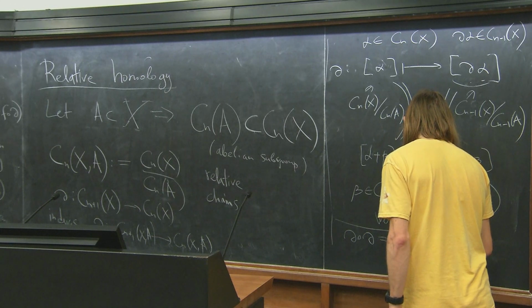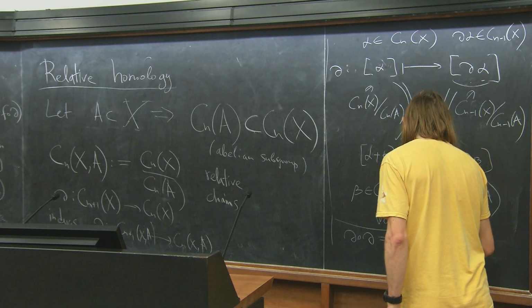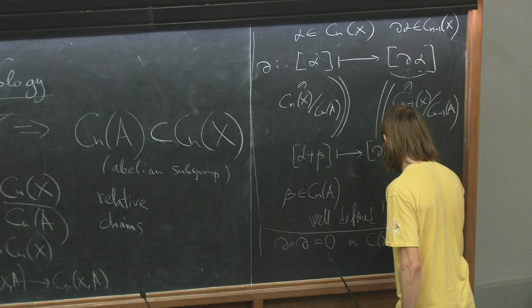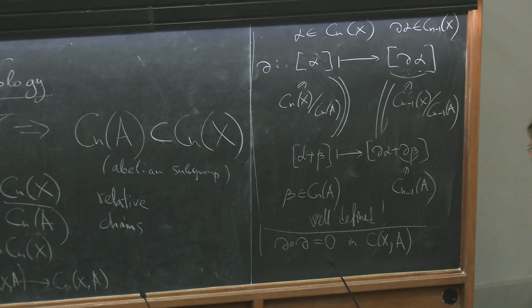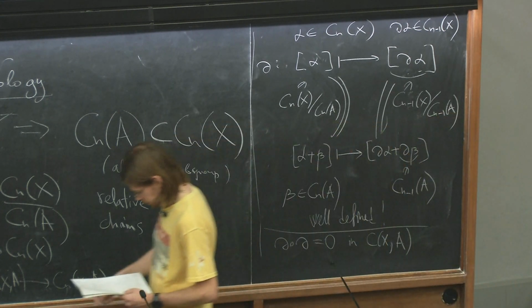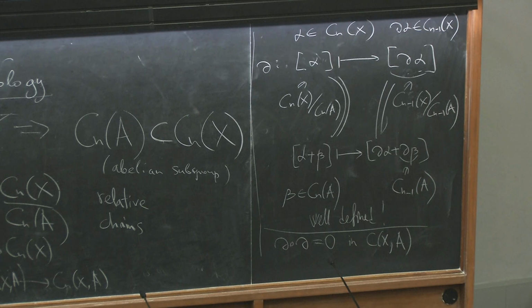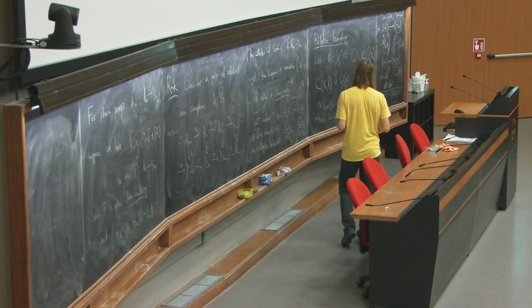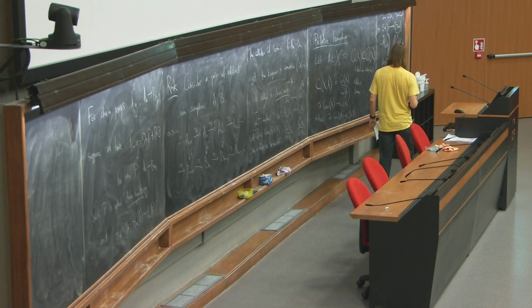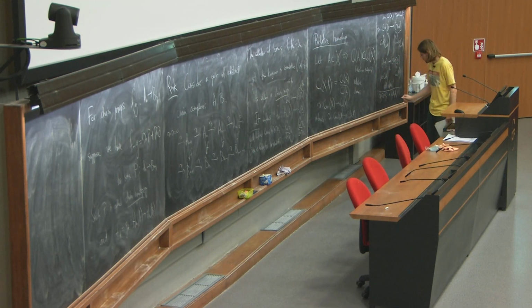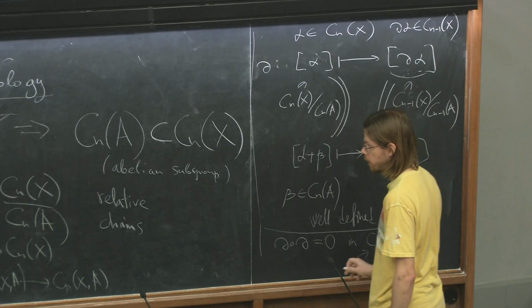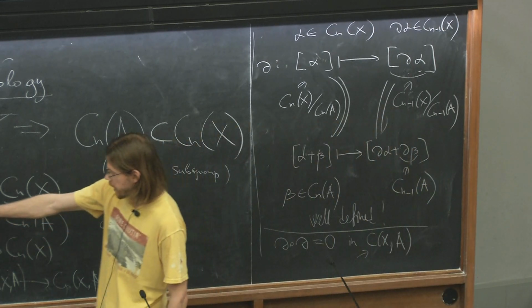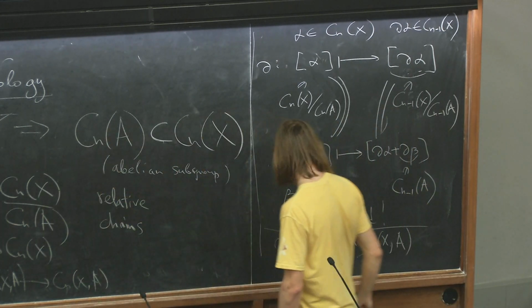So this collection of groups Cn of X comma A forms a chain complex.